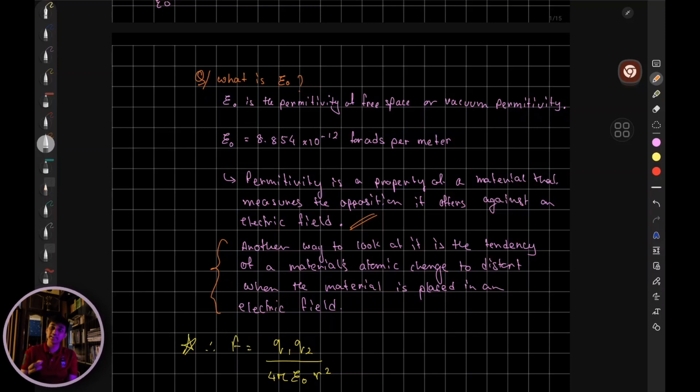So be it any medium, if you're placing a point charge in that specific medium, be it air, water, or anything, the atoms of the medium, the shells, the field around it is going to distort in a specific way, and permittivity is a measure of that distortion that is affecting, at the end of the day, your electric field.